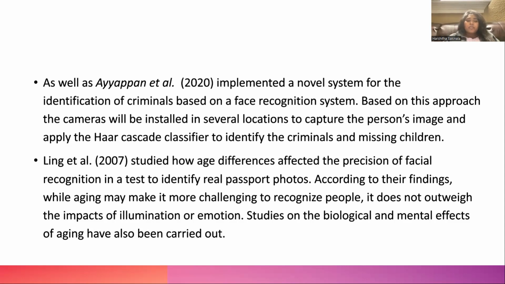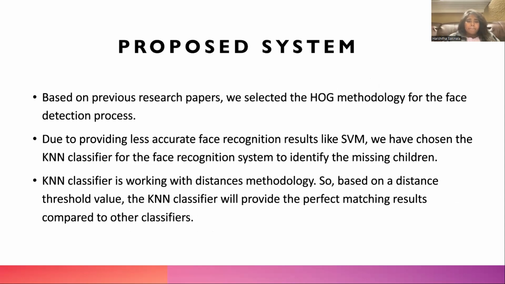So when we move down to the proposed system, based on the previous papers, we have already talked about the many classifiers and methodologies used, but when we took all papers and all systems into consideration, we found HOG as the best detection algorithm. So we have used HOG, and K nearest neighbor is good with the facial recognition system, so we have taken that classifier into account too.